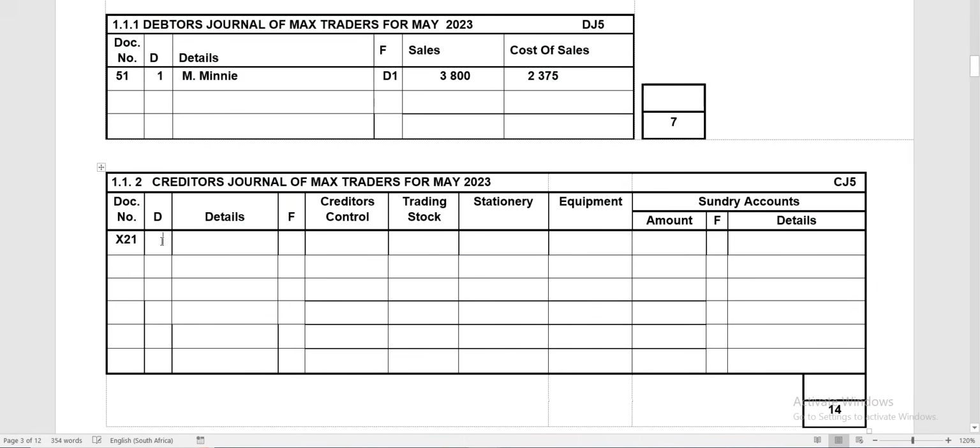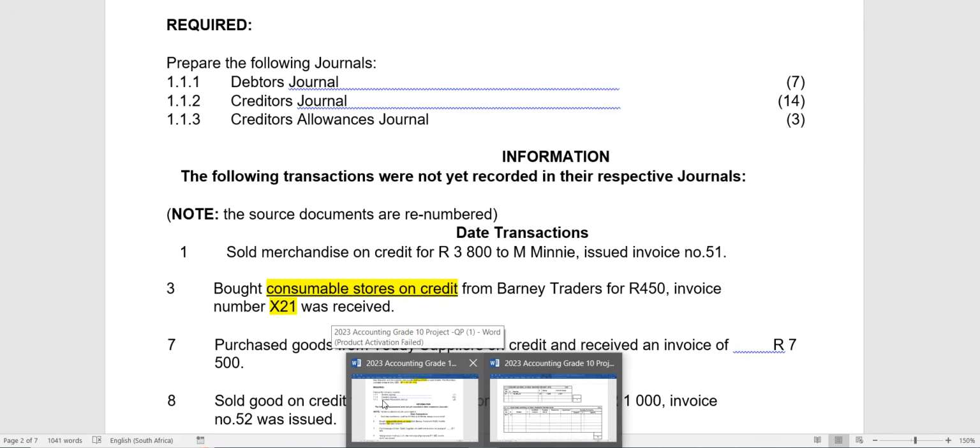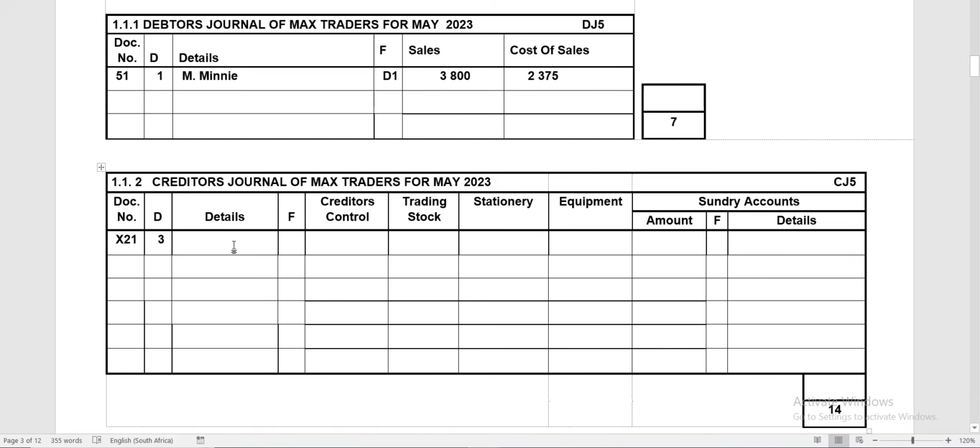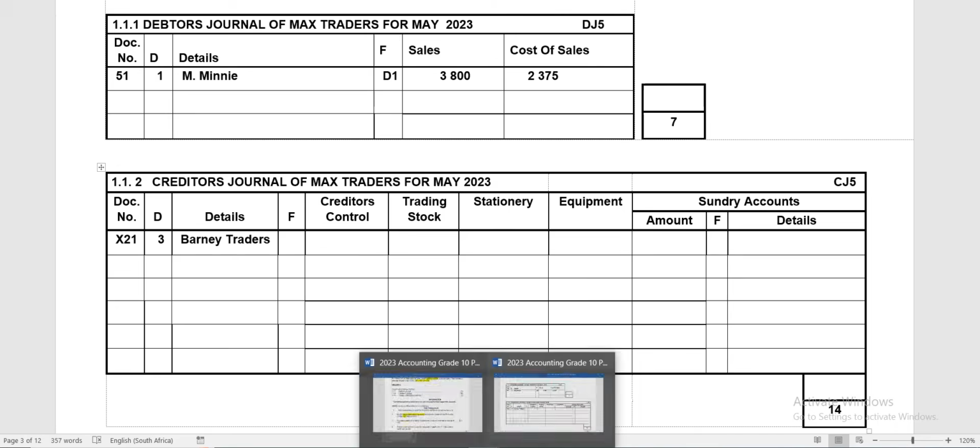So we'll write the 3rd, and the person that we bought from, according to here, is Bentley Traders, so we'll write Bentley Traders. We also have to write what we were buying on credit.